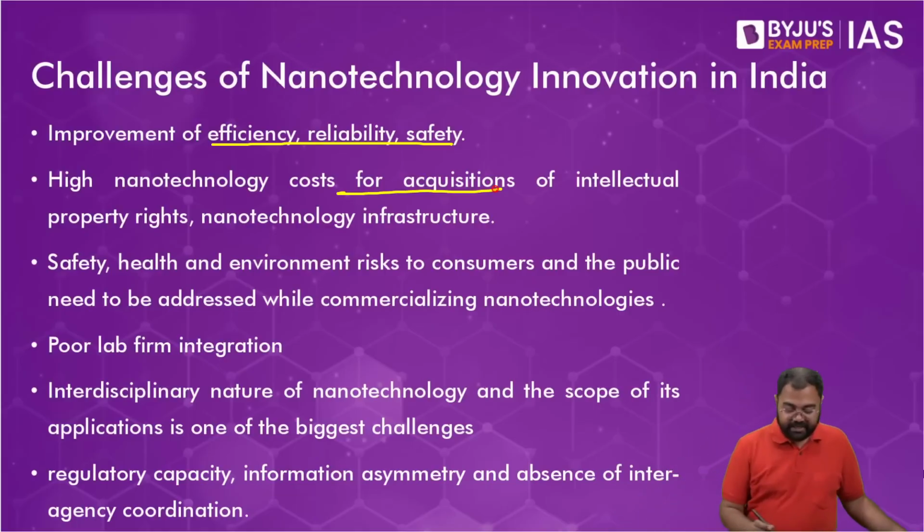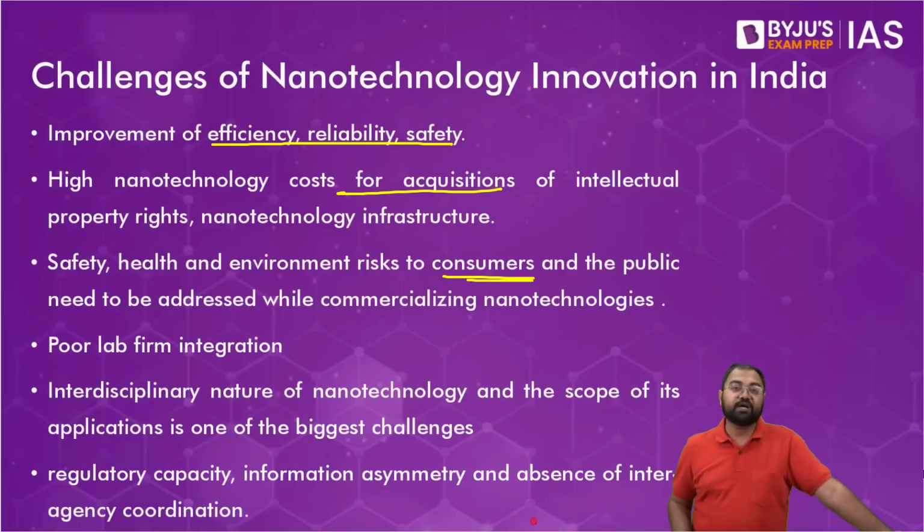Then the safety, health, and environmental risks to the consumers and the public also have to be addressed while commercializing these technologies. What are the issues, or the possible health impacts that people might have because of nanotechnology? That also needs to be understood pretty well.